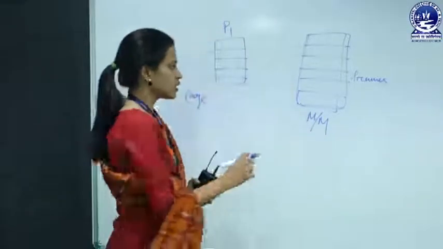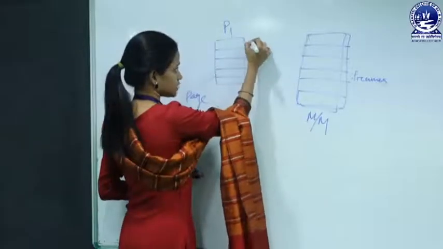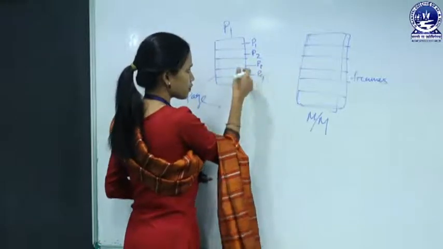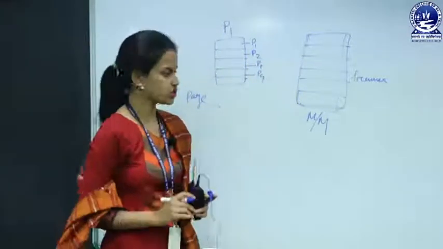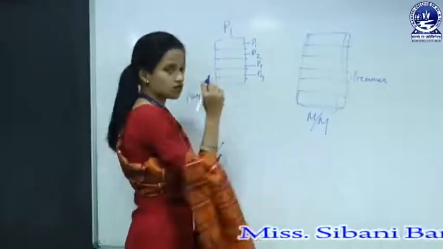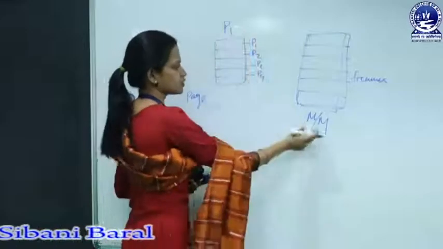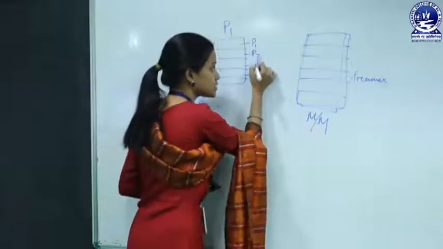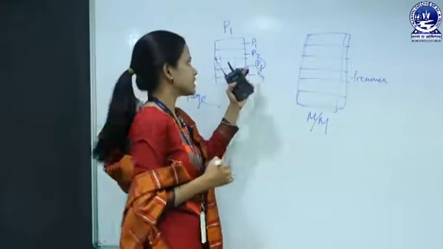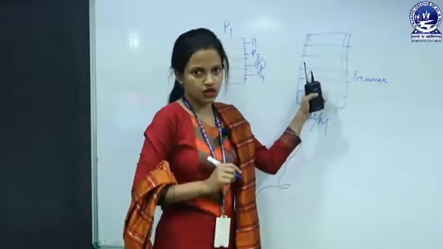Suppose the process is divided into pages P1, P2, P3, P4, so there are 4 pages in one process. When the main memory requests any page among these pages, suppose it requests page P3, then that page should be assigned to the CPU at that moment at any cost.